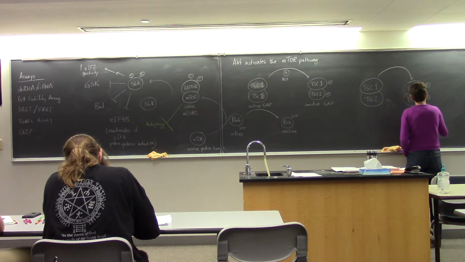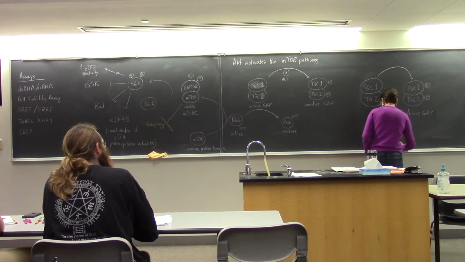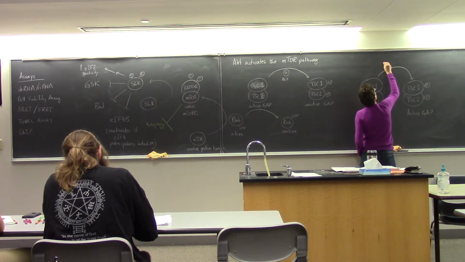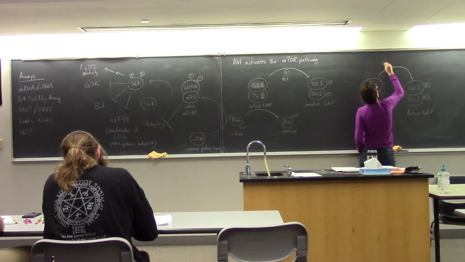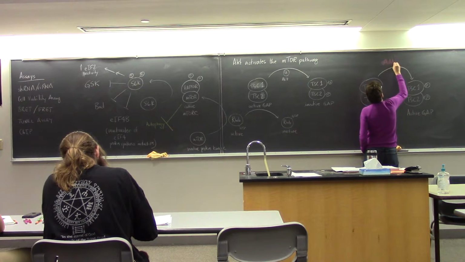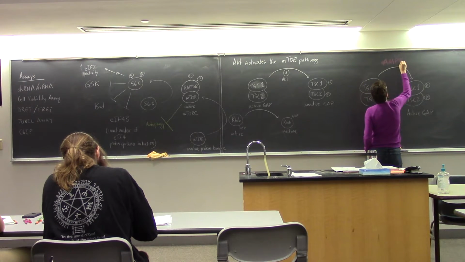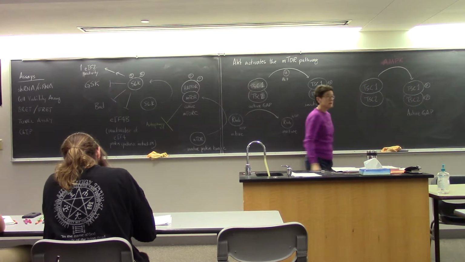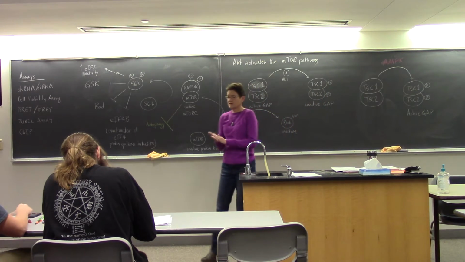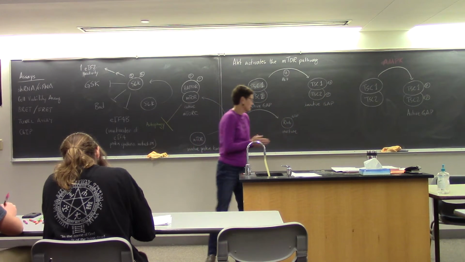GAP. A different set of phosphate groups creates an active GAP. And the enzyme is AMP dependent protein kinase.